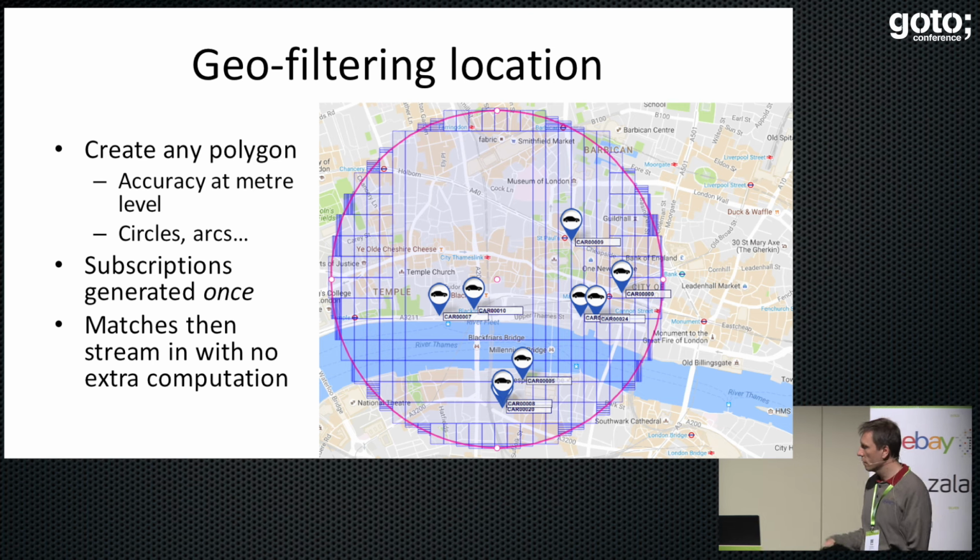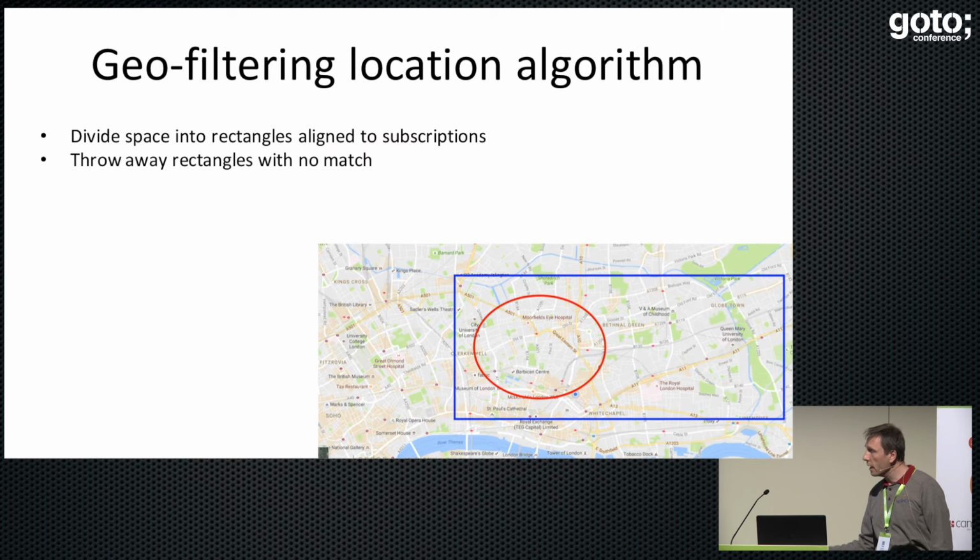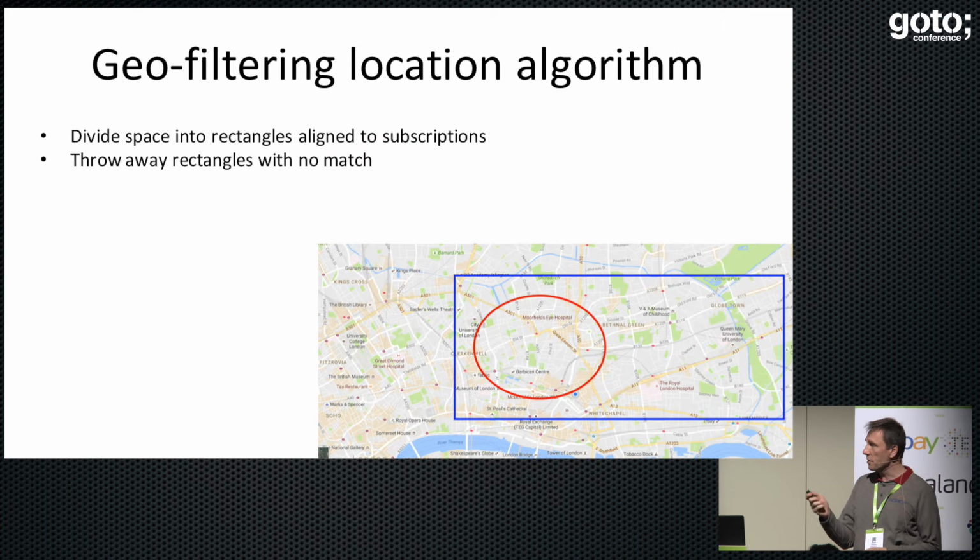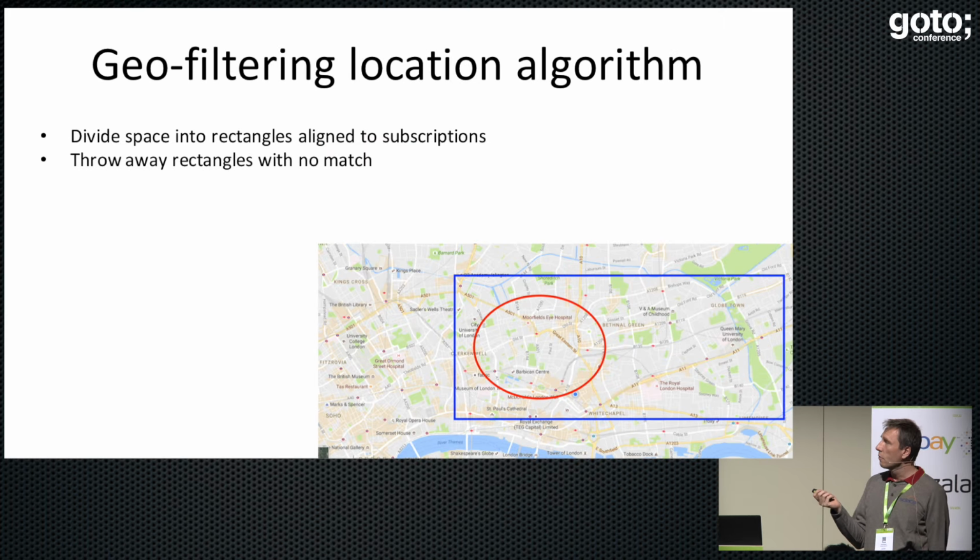So that's quite powerful. How we actually do it, the actual algorithm, if you're interested, is we take the world and divide it into 4 quadrants, which match subscriptions, most significant digit in this case, and we see if our area of interest matches that particular quadrant, and if it doesn't, we throw it away.